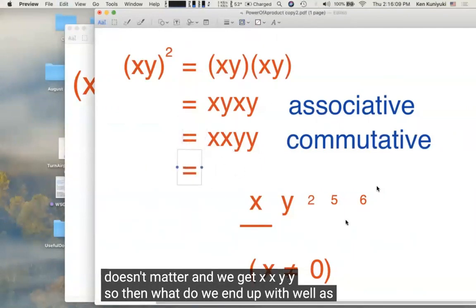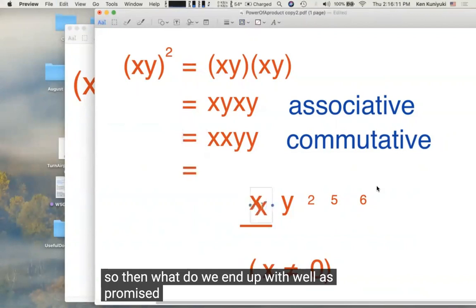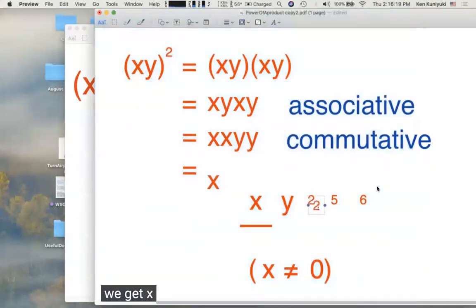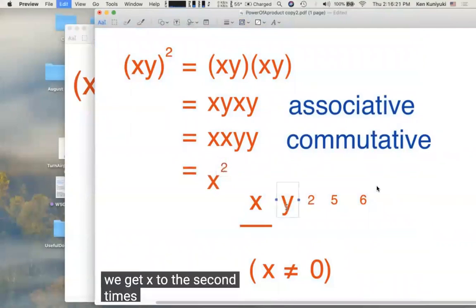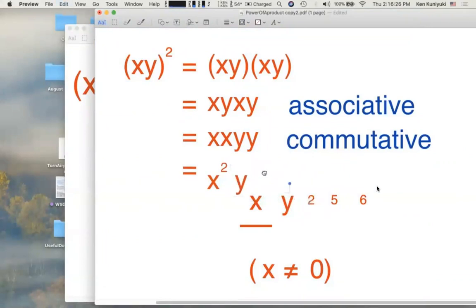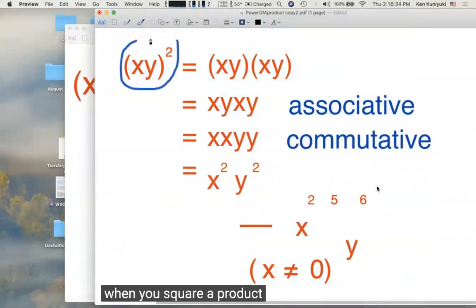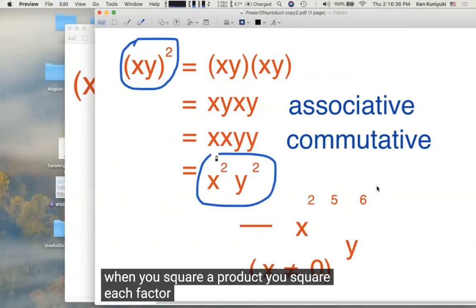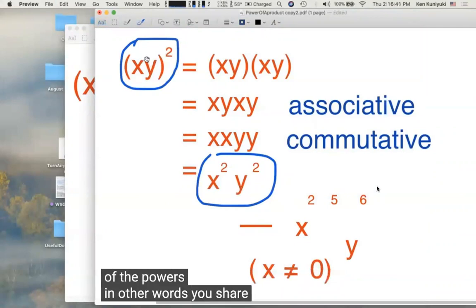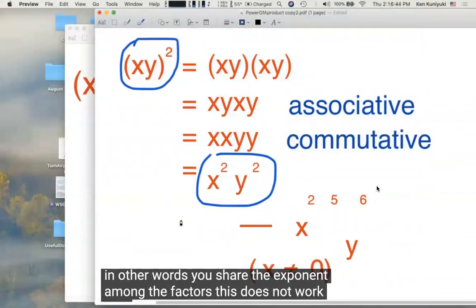Well, as promised, we get x to the 2nd times y to the 2nd. X squared, y squared. When you square a product, you square each factor. The power of a product equals the product of the powers. In other words, you share the exponent among the factors. This does not work with addition, however.